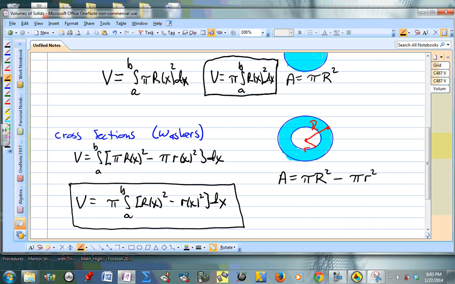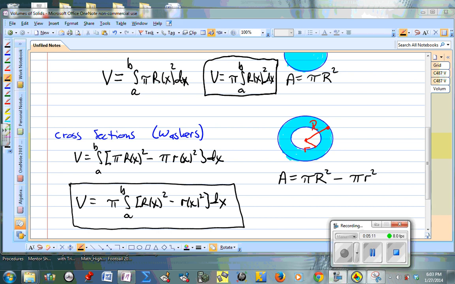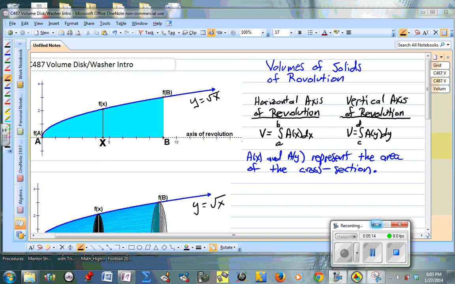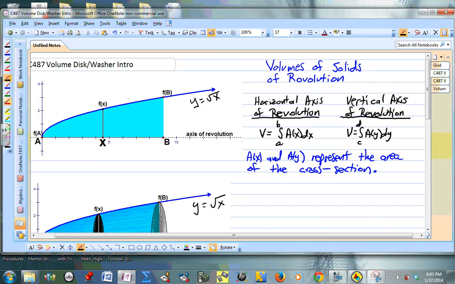So now, one question that you might be asking is, why do you call radius r of x? Well, the radius is a function of x, and we'll show you what we're talking about. You see in this area diagram, if you're going to represent the radius going from the axis of revolution to the end of the shaded region, if we draw the radius out far away from the origin, in this example, our radius seems to be pretty lengthy.